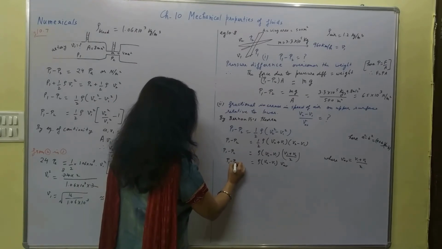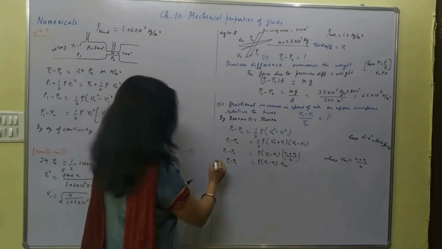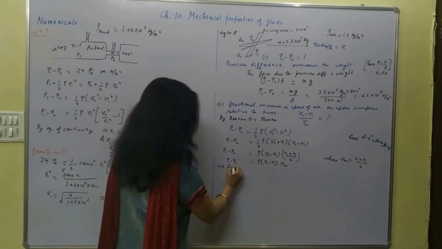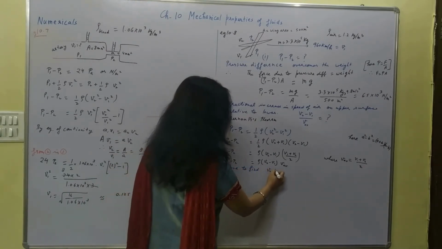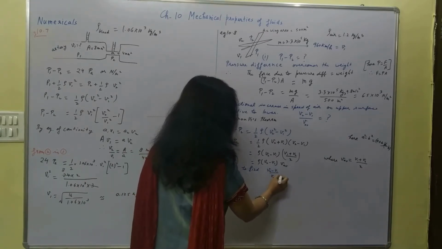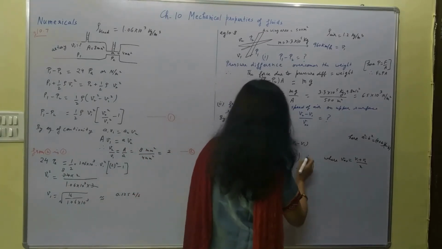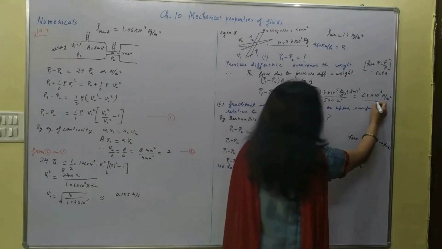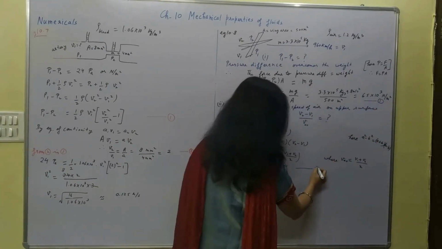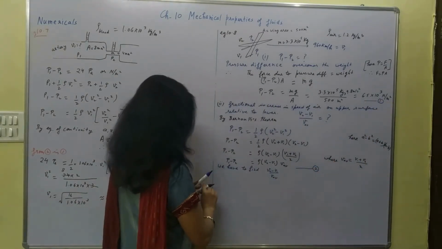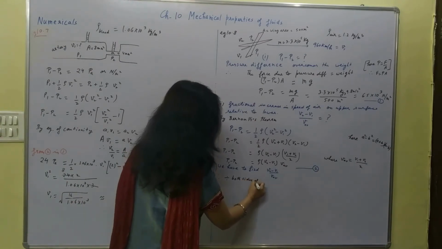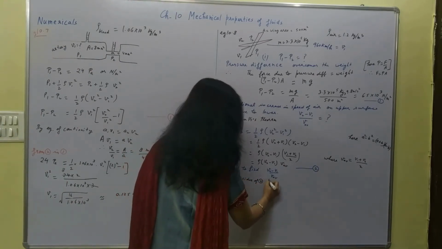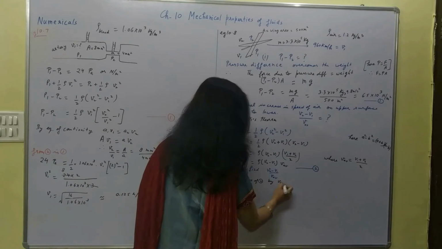What do we need to find out? We have to find (V2 minus V1) upon V average, right? So let's take this as equation 1 and this as equation 2. Therefore, divide both sides of 2 by V average.